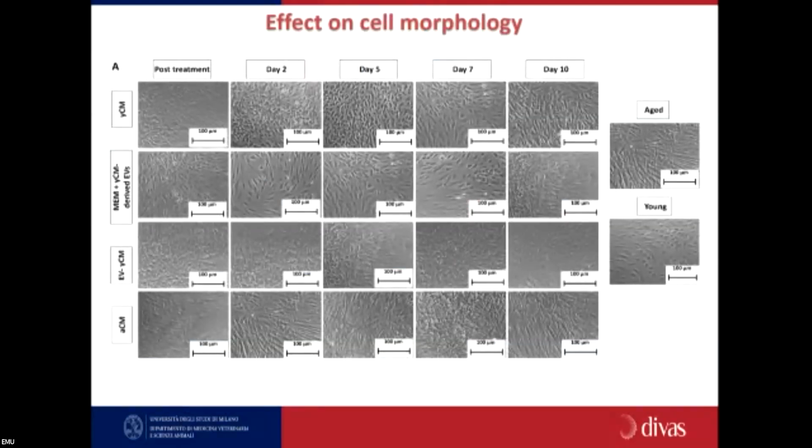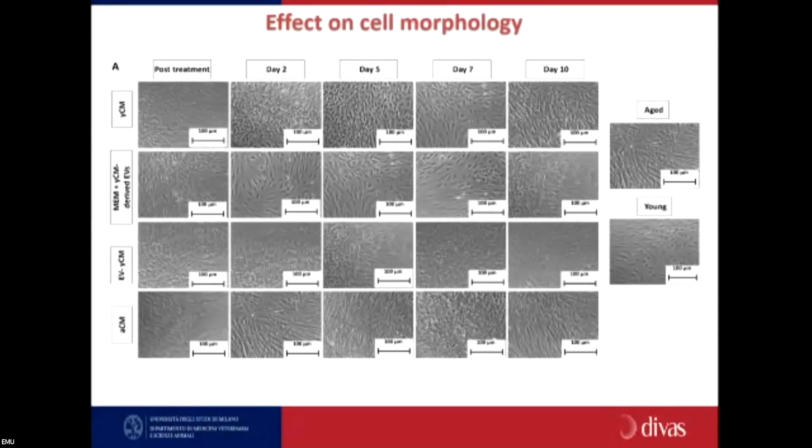As a result, we detected a cell morphology change. So, as we can see here in this slide, young fibroblasts are characterized by a small dimension, so fibroblasts are elongated with a central nucleus, while aged cells are characterized by a bigger morphology.